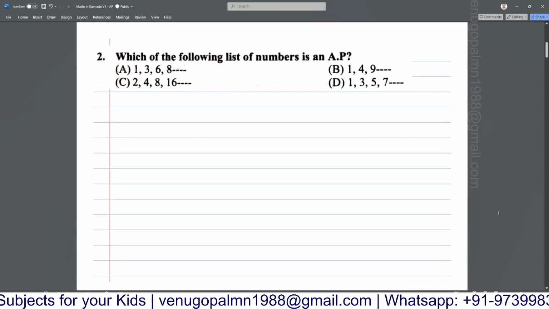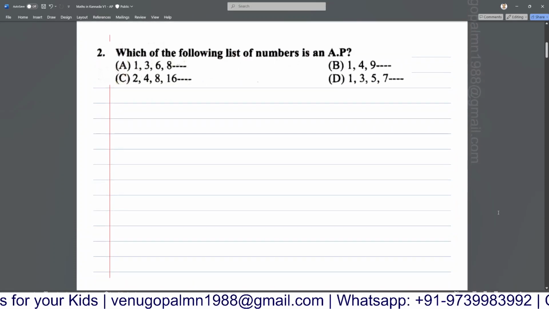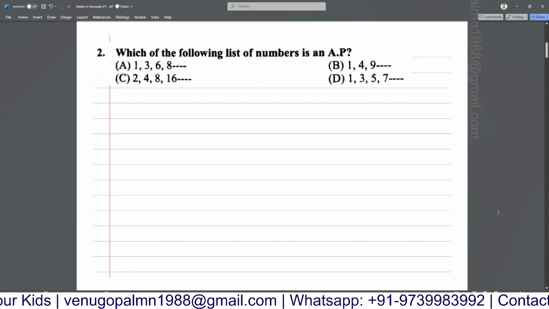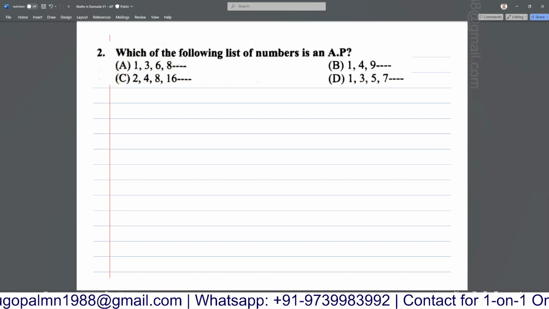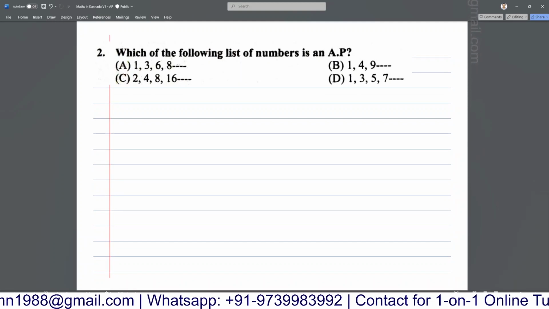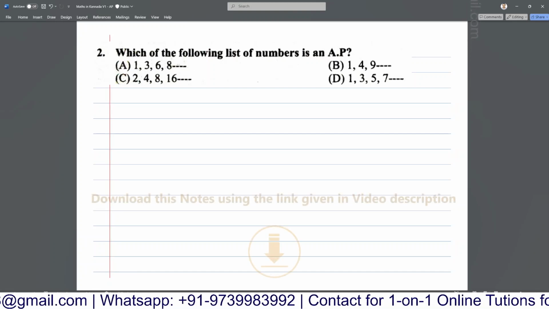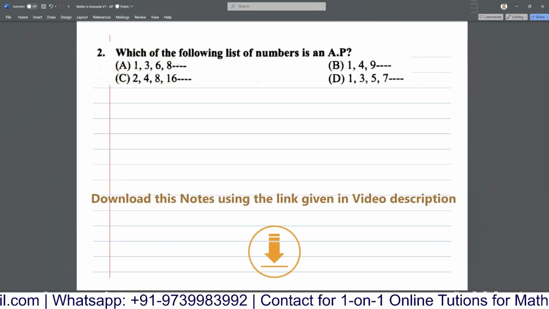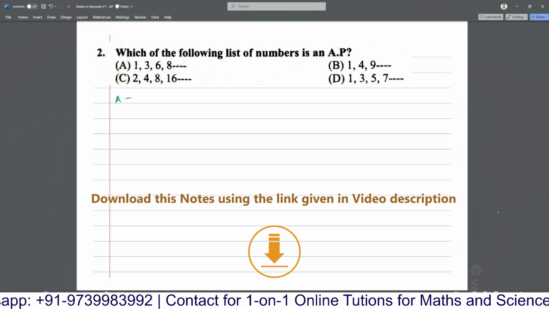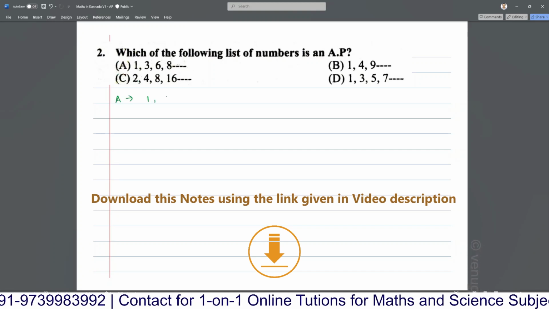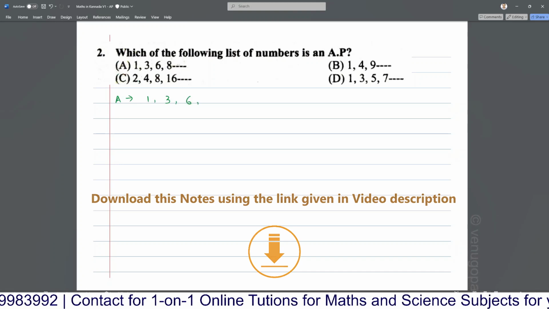The second problem is, which of the following lists of numbers is an AP? They have given 4 sequences A, B, C and D, and they are asking which one is an AP. Let us take the first sequence A, which is 1, 3, 6, 8.